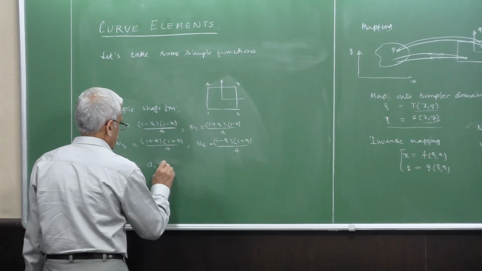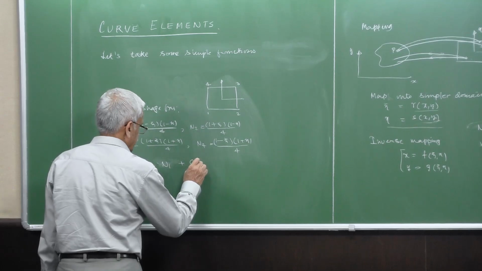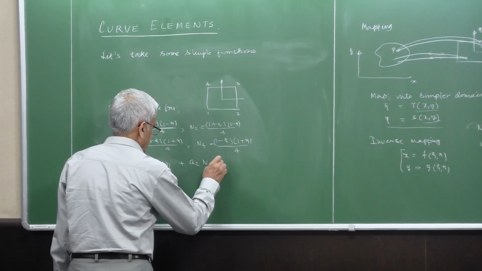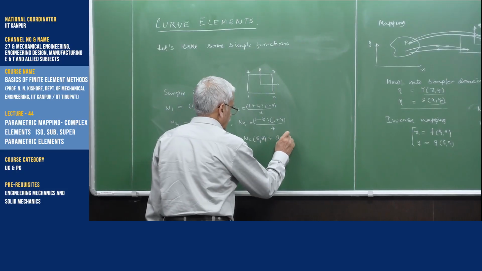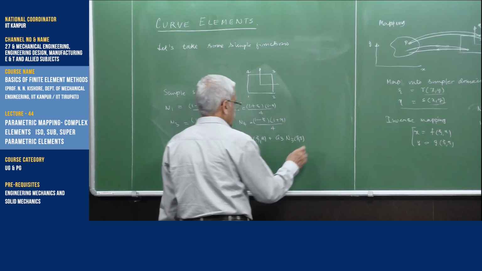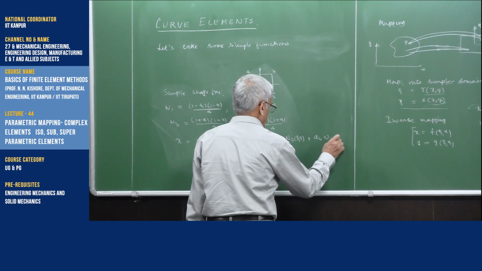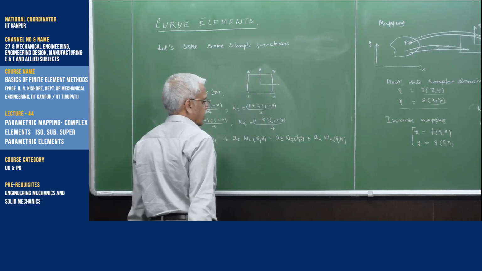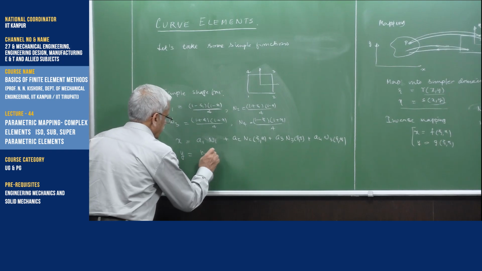Shall I take n1 here? So this n1, n2, n3 are the shape functions in terms of xi eta. And so similarly y.